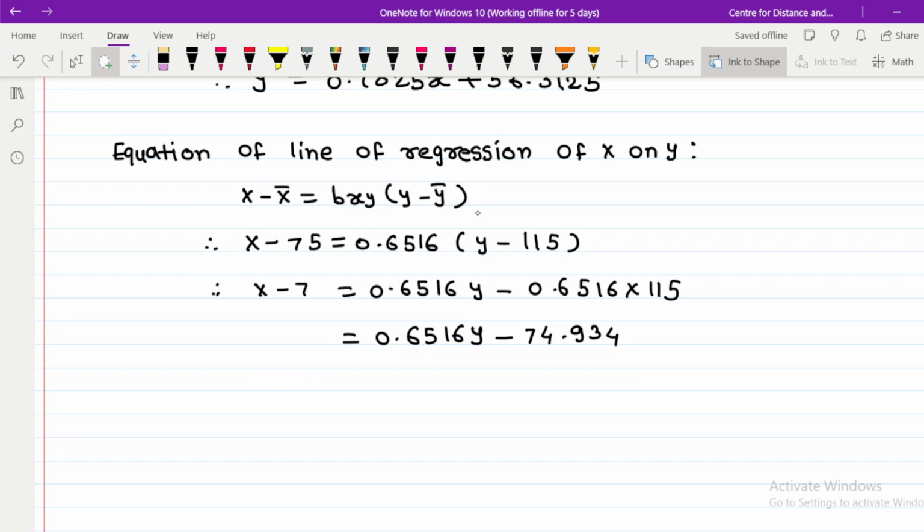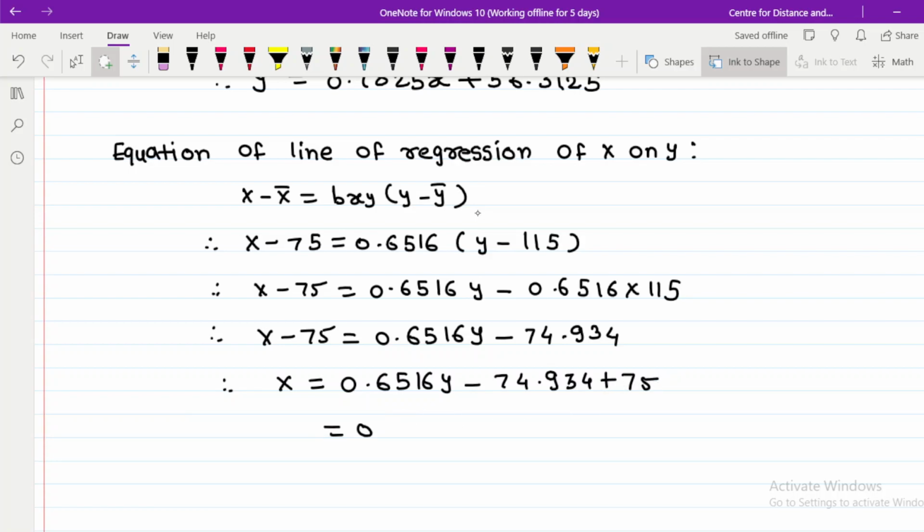Therefore, x minus 75 is equal to 0.6516y minus 74.934. Moving 75 from LHS to RHS, we get plus 75, which gives 0.6516y minus 74.934 plus 75, that is plus 0.066.